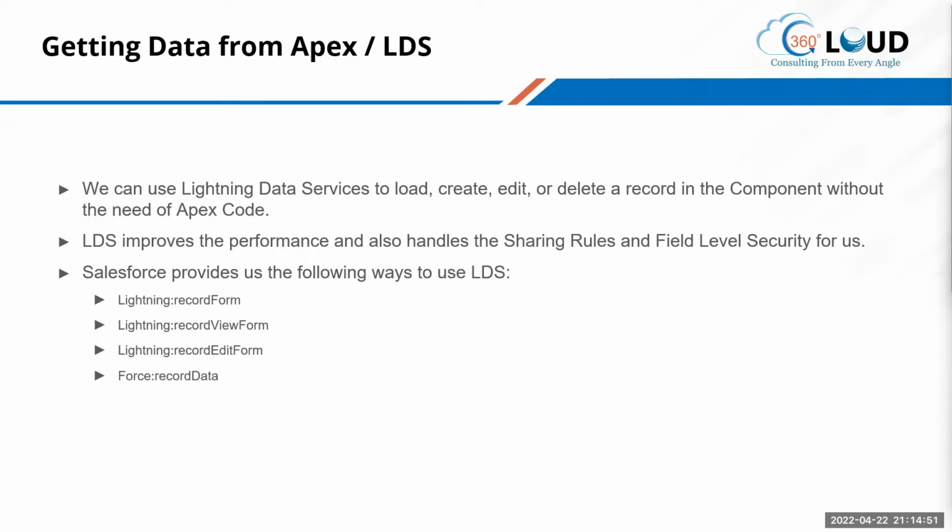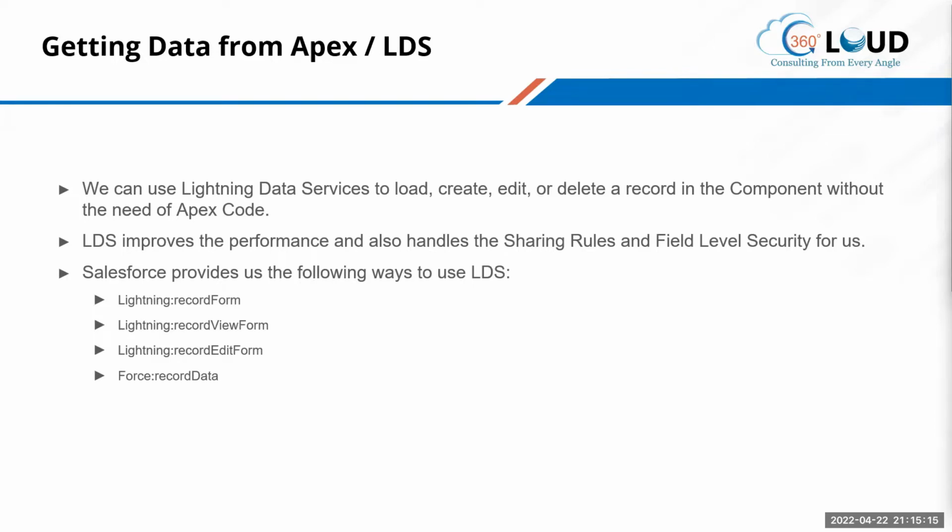If we have passed the record ID in the VF page, we can easily get the data. LDS is pretty much similar for Aura components. It is much better. We can edit, delete, and view data. There are many things we will be looking at.